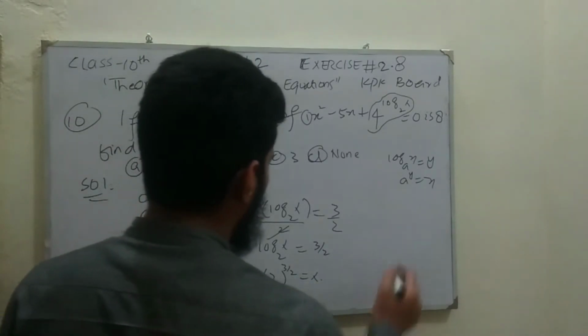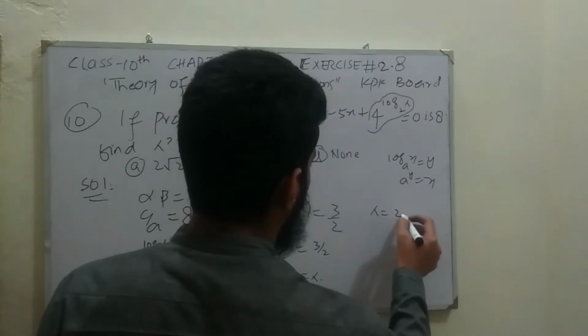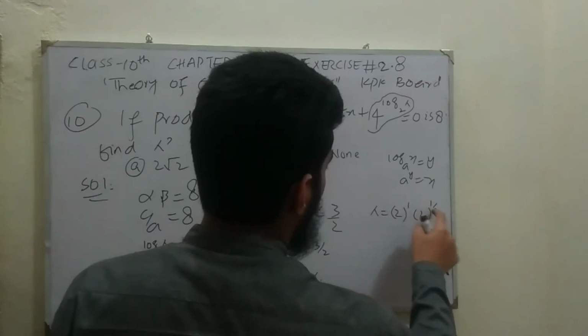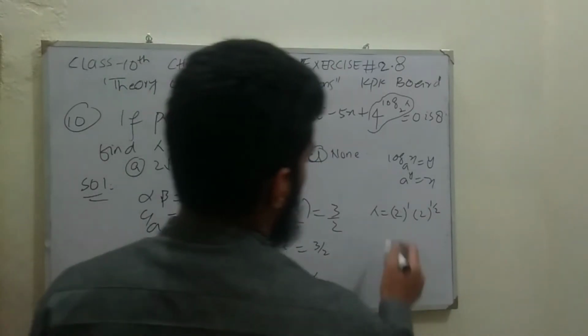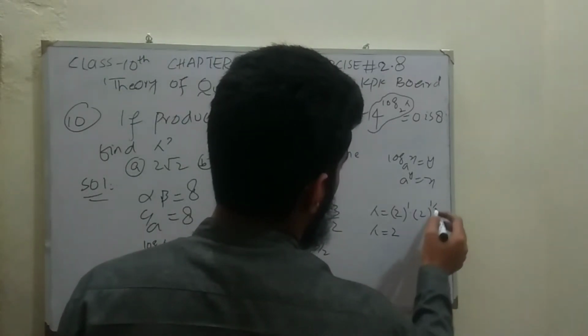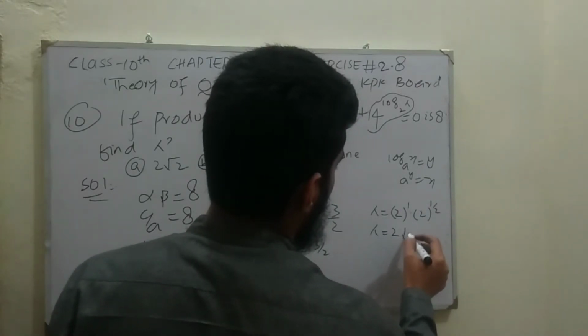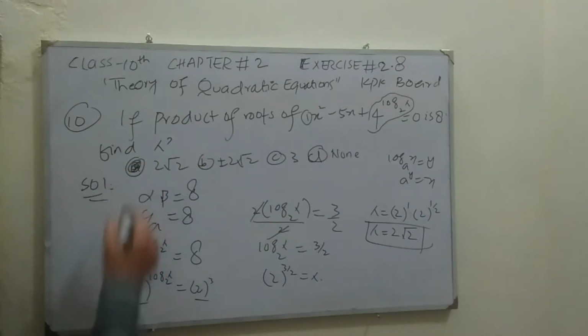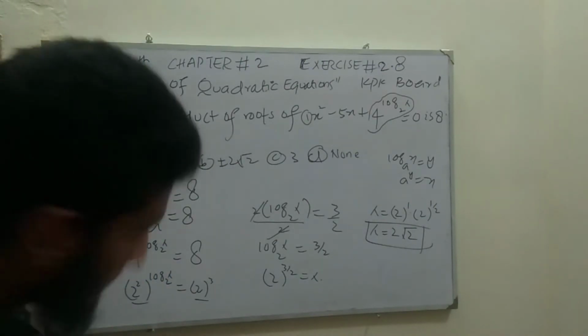We can write 2 power 3 over 2 as 2 power 1 times 2 power 1 over 2, since 1 plus 1 over 2 again gives 3 over 2. So lambda will be equal to 2 times 2 power 1 over 2, which is under root 2. So the value of lambda is equal to 2 under root 2. So the correct option is option number A.